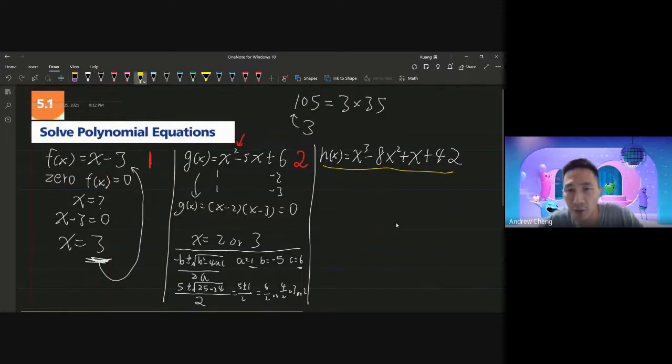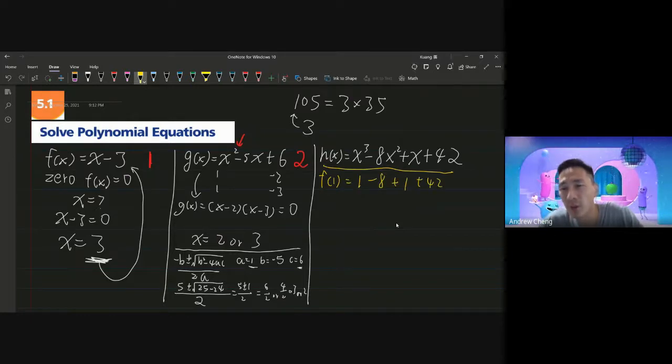First of all, I will try positive 1. It'll be 1 minus 4 plus 1 plus 42. It's not 0. If I plug in some integer which makes the function equal 0, then I know x minus a is a factor of this polynomial. So I have to keep trying.